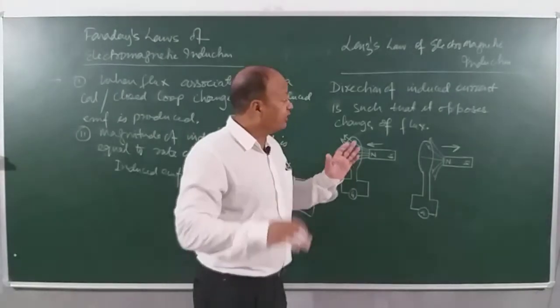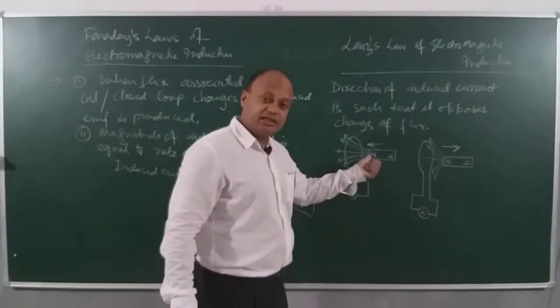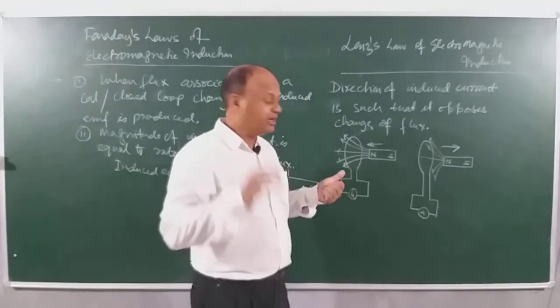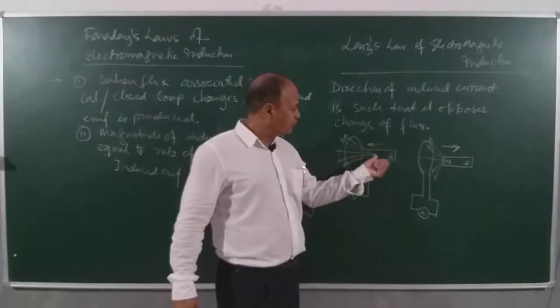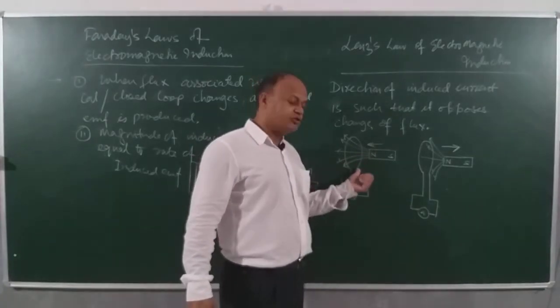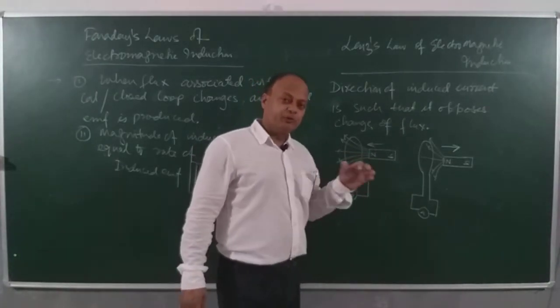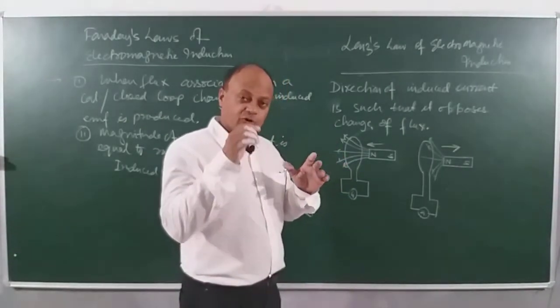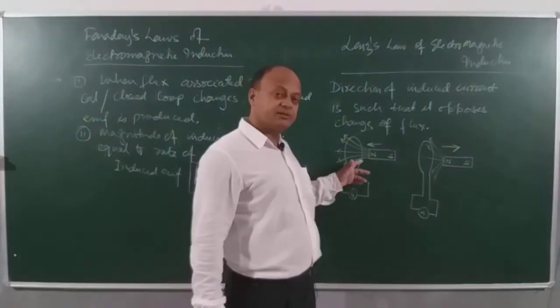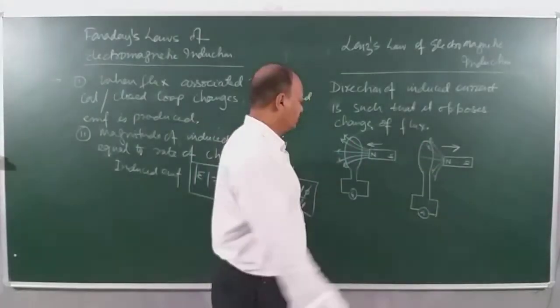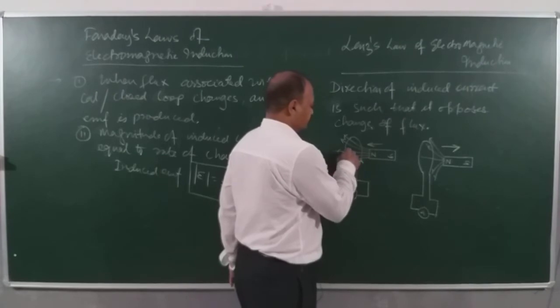Now, try to understand what Lenz's law says. When the flux increases, the coil will try to decrease it. Meaning, if the north pole is going towards the coil, then the EMF induced in the coil will produce a current which will try to do what? Decrease the flux, and the only way the coil can decrease the flux is by repelling the north pole. So, this will produce what?